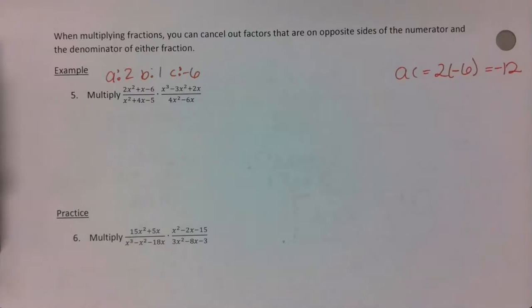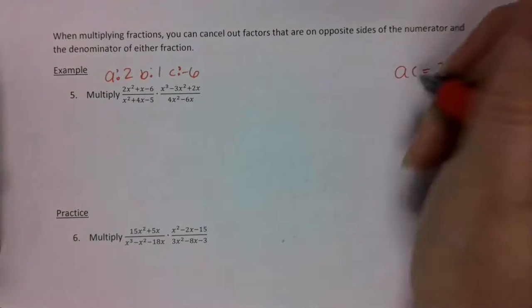Okay. So what multiplies to negative 12 and adds to positive 1? 3 and negative... negative 3, positive 4.